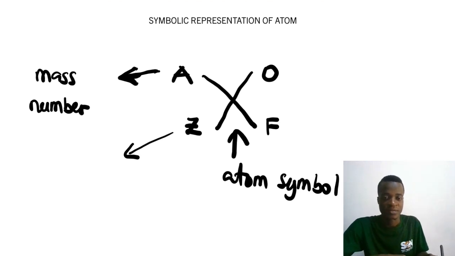Then the Z is the count of the protons. That's the proton number. Z is for the number of protons. I don't know why it's not P, but that's just a general convention that people use.